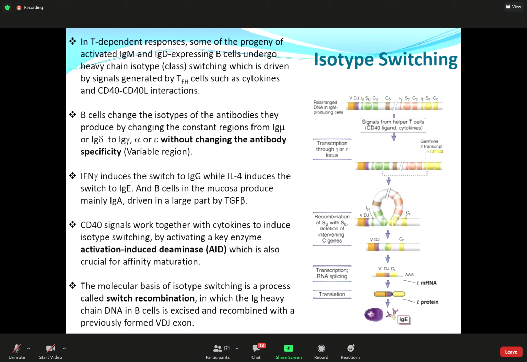But the important thing to remember is that this antibody has the same antigen specificity as that original IgM. The only difference is the Fc region has now got IgA or IgG or IgE attached to it, right? But the antigen specificity is the same. And this process occurs through this enzyme activation-induced deaminase, which is activated as a result of the T helper cell.